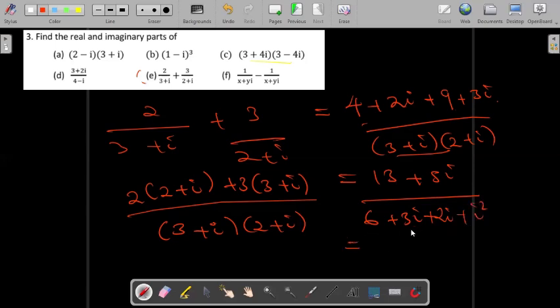And here you see you're going to get 13 plus 5i, divided by, so here you get 5, you get -1, then just get 5 here. That will be 5 plus 5i. So you get something like this down there.